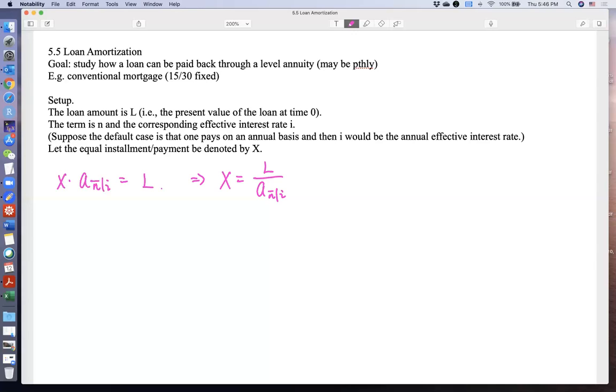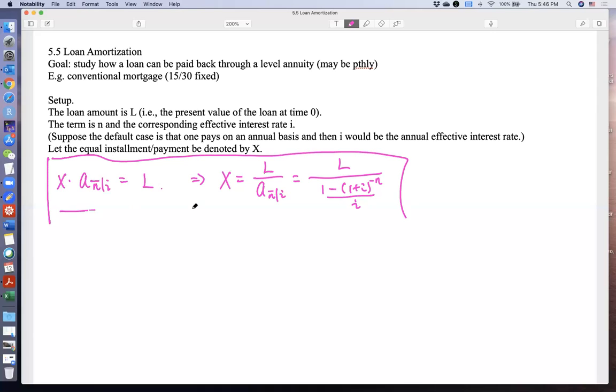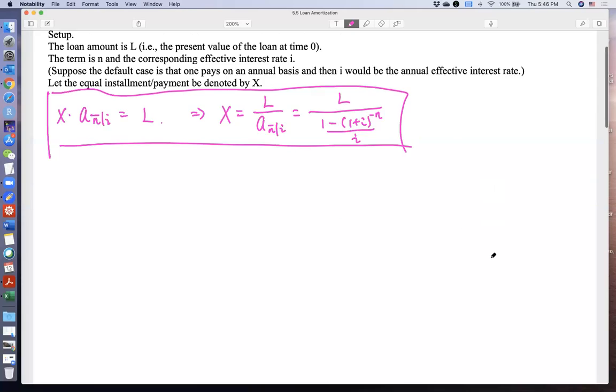If you want to recall the formula, it is a-angle-n equals 1 minus (1 plus i) to the negative n, divided by i. Once we apply this, we easily get the result.